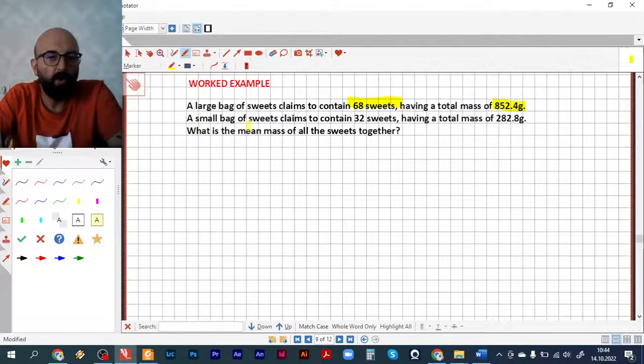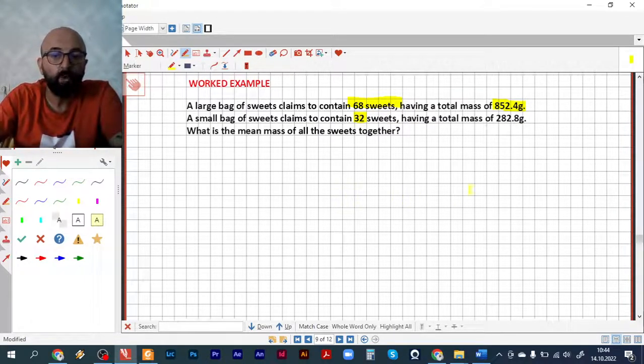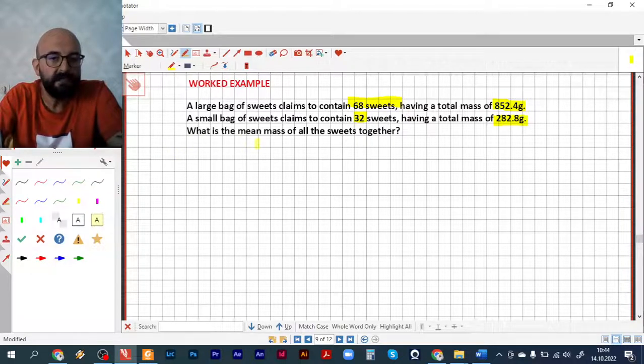A small bag of sweets claims to contain 32 sweets, having a total mass of 282.8 gram. What is the mean mass of all the sweets together?